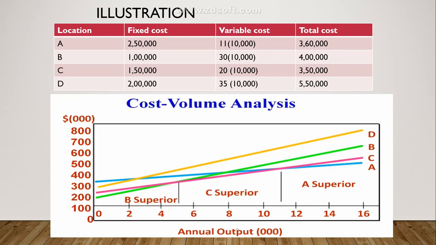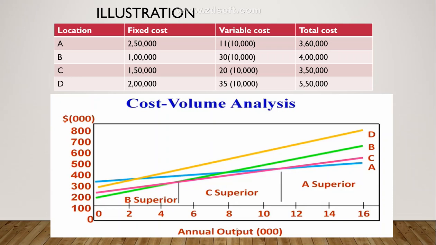Okay, so let's see this on the cost volume analysis graph. We have annual output on the x-axis, and y is the cost involved. Based on that we have plotted the graphs.